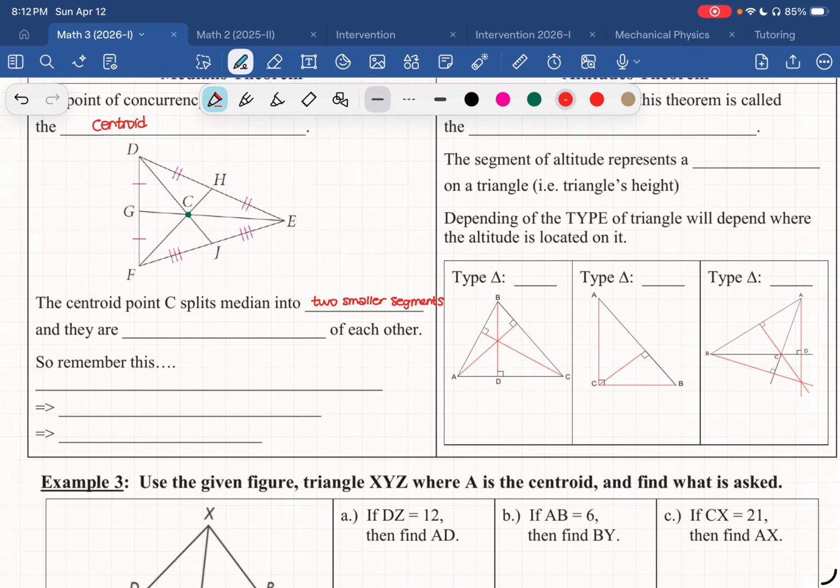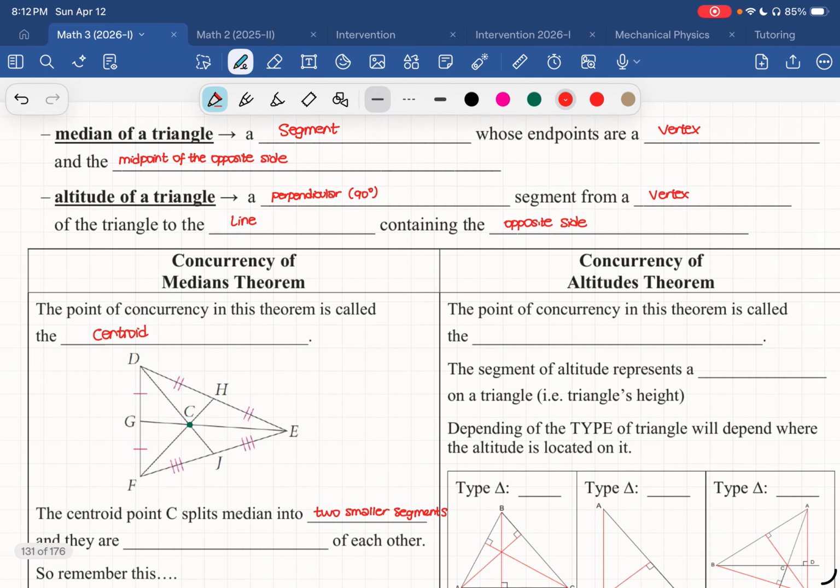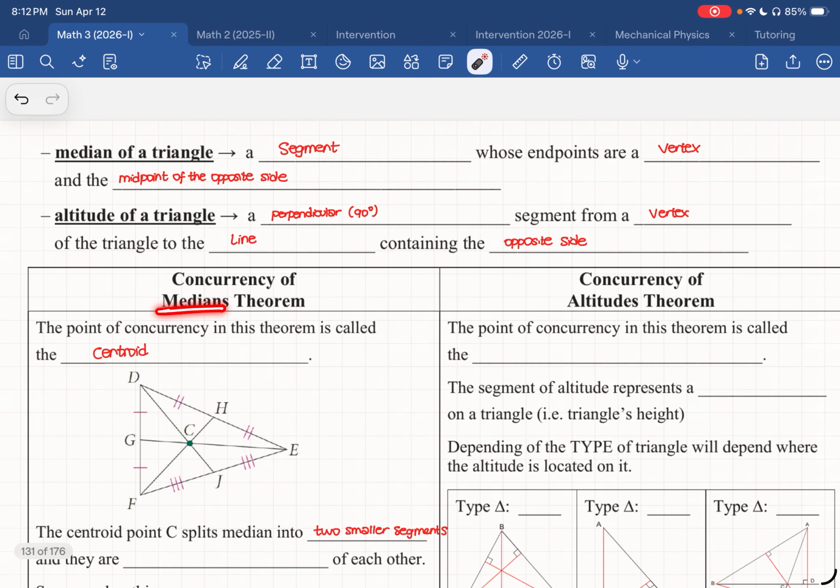Okay, before I continue, I want to explain to you, since we're talking about medians, how does a median look like in a triangle? So let's read again. The median of a triangle is a segment. It means a line, right? A segment is a line whose endpoints are a vertex and the midpoint of the opposite side.